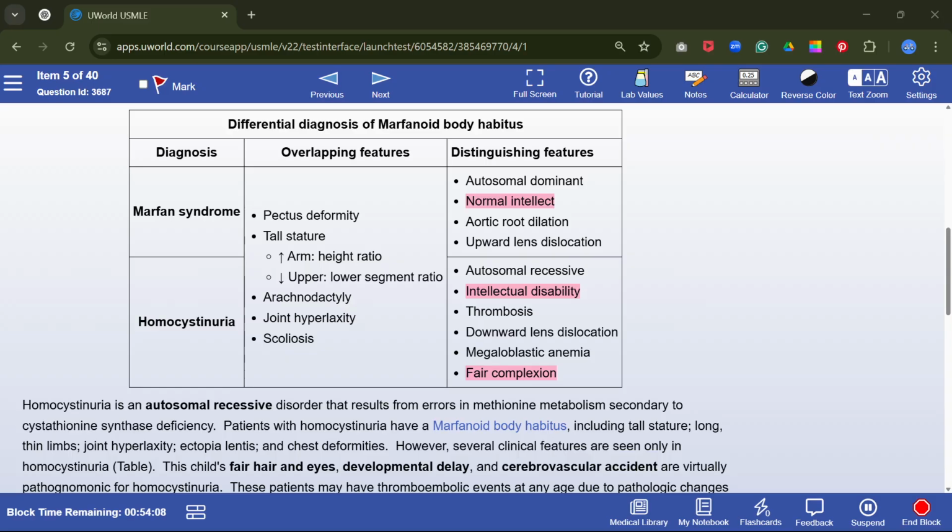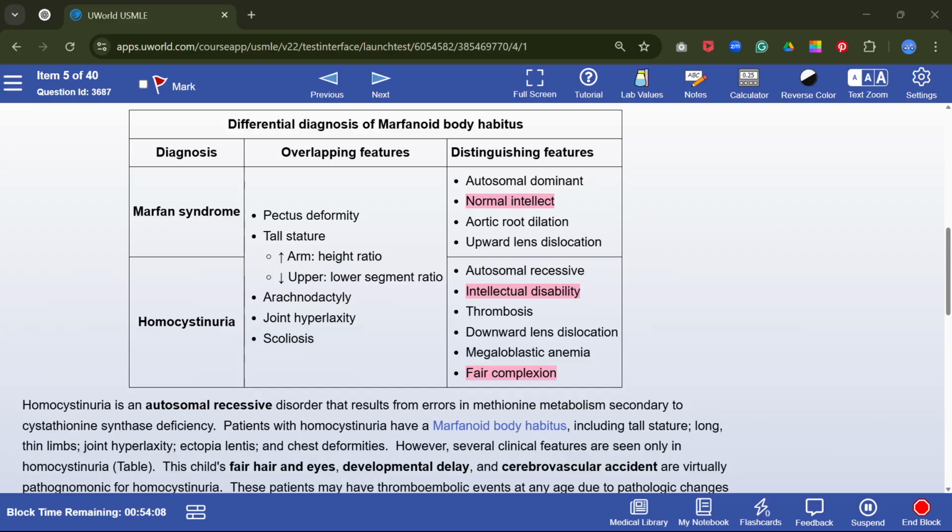There is also aortic root dilatation. And a very high-yield thing in Marfan syndrome is normal intellect.